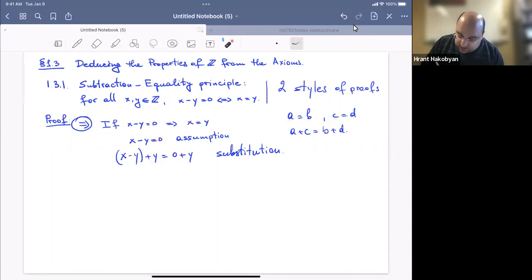So this is saying that this part is equal to that, this part is equal to that. So when you add them up, you get the same things.